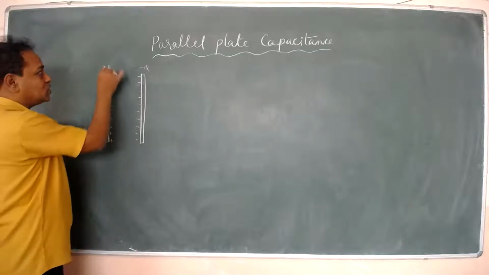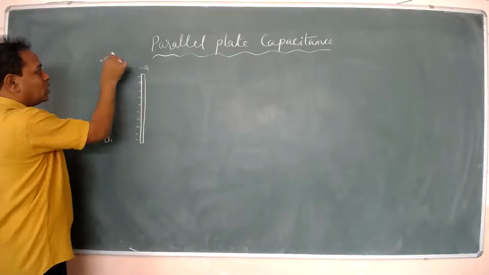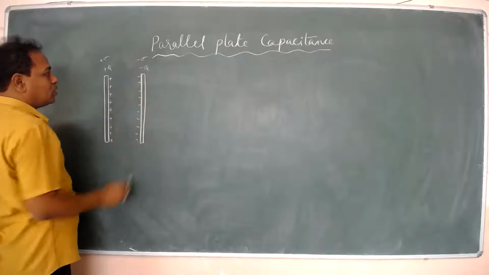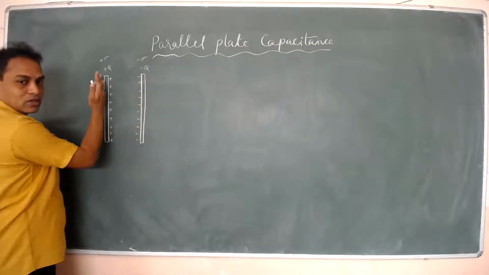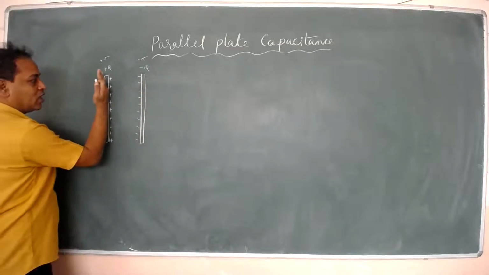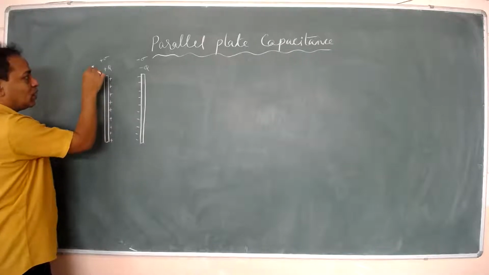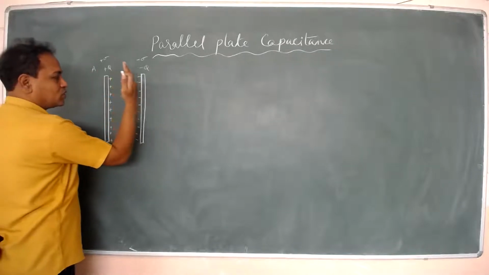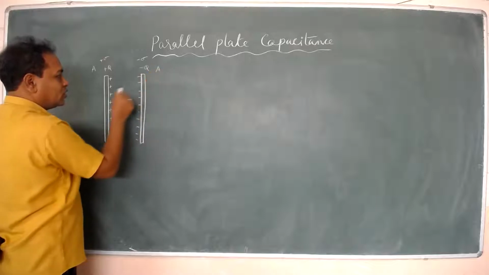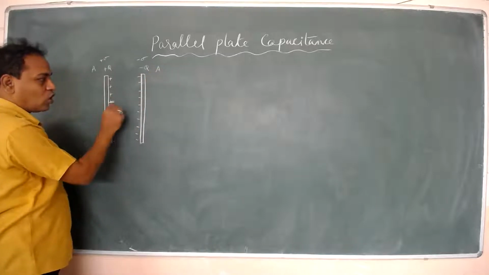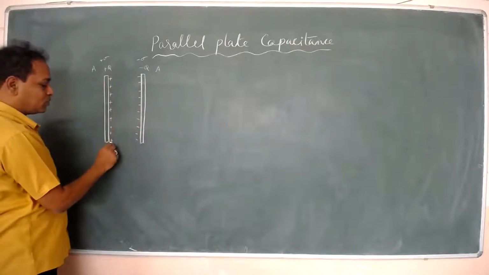Its surface charge density, say, is plus sigma. It is minus sigma. The area of this plate, say, is A. It also has, suppose, the same area, that is A. These two conductors, we call collectively a capacitor.